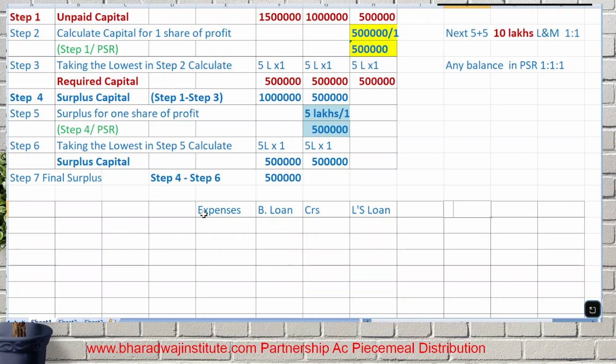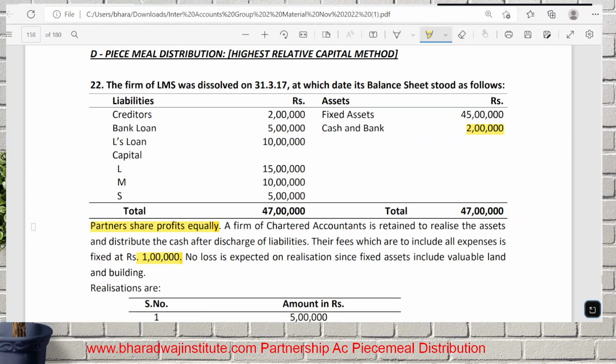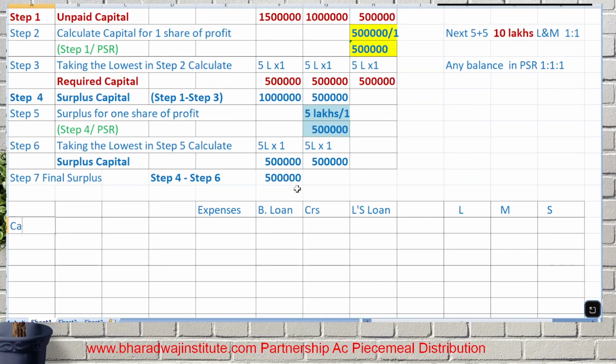L, M, and S. First, look at the cash at bank. You can do it along with me, no need to wait. How much is the cash at bank? 2 lakhs. That will be paid to the CA firm for expenses.